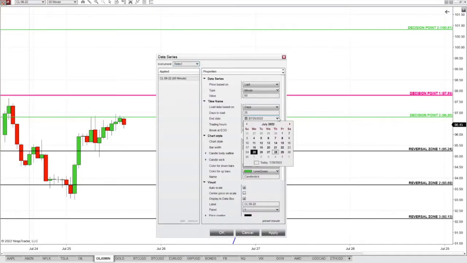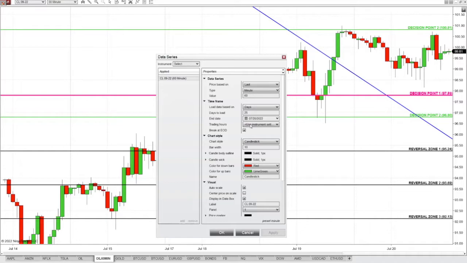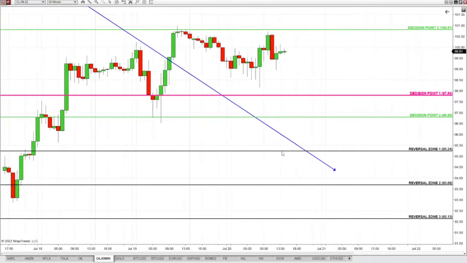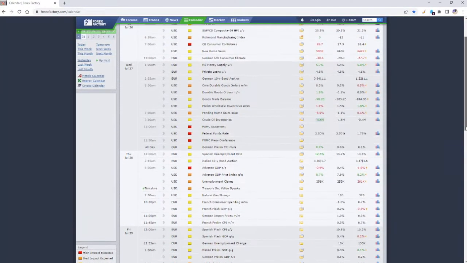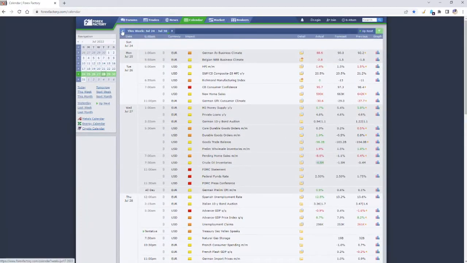But let's go further. A week. Let's go back on oil to July 20th. What was happening on oil? Oil was not at a reversal zone on July 20th, was it? Oil at the brick wall. What do we know before the oil news? This is not the place to buy oil when oil is at 100.